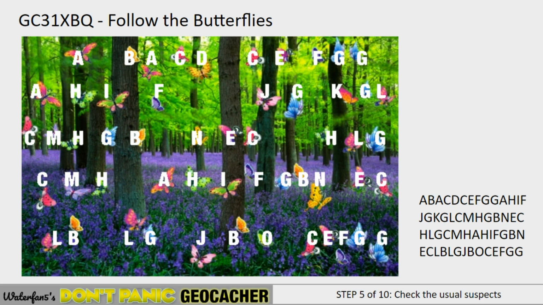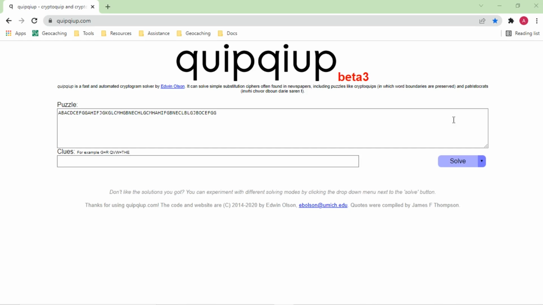So since I didn't want to repeat myself, I will use a different tool this time to solve this simple substitution cipher, using a different website. Last time I think I used Decode. This time I'm going to use the website Quipquip.